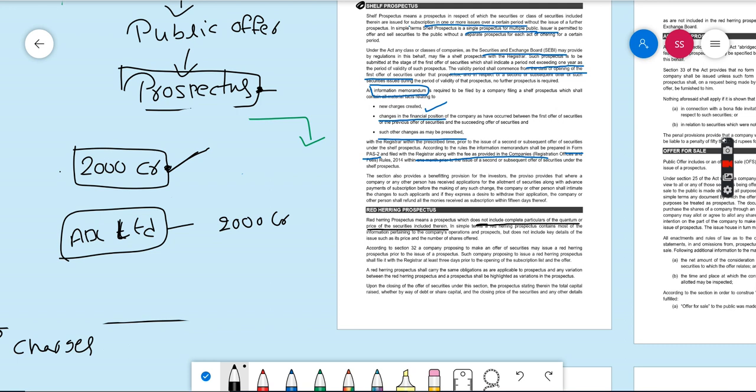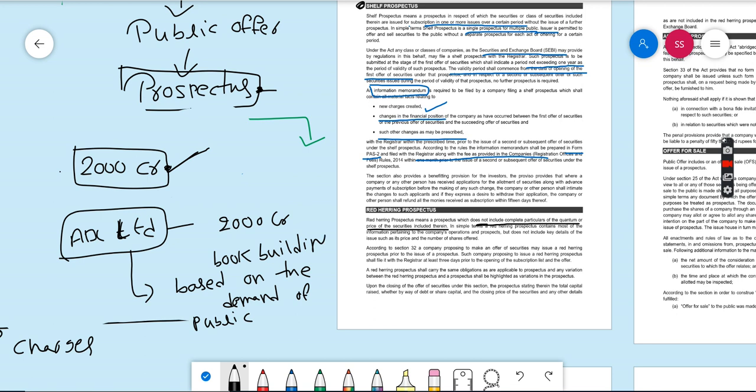So first they will issue a red herring prospectus, and based on the demand of the public, the price will be fixed, like through the book building route.